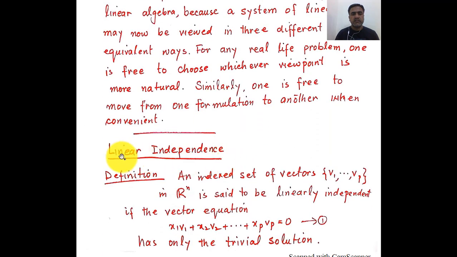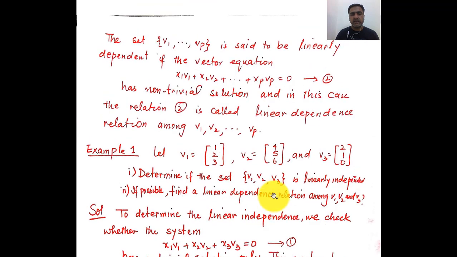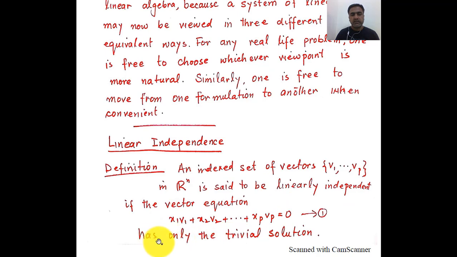Now we discuss the linear independence and linear dependence of vectors. So, an indexed set of vectors v1 up to vp in Rn is said to be linearly independent if the vector equation x1 v1 plus x2 v2 plus and so on plus xp vp equals 0, that is, we form a linear combination of these vectors and equate this to a null vector, has the trivial solution only.